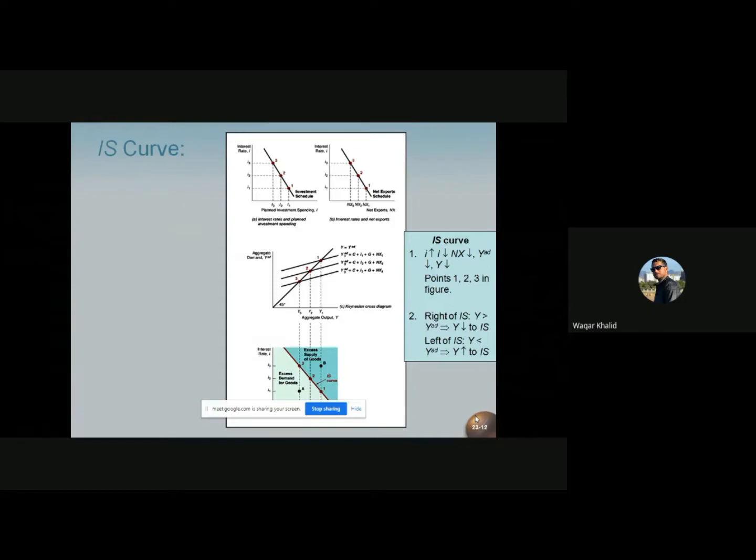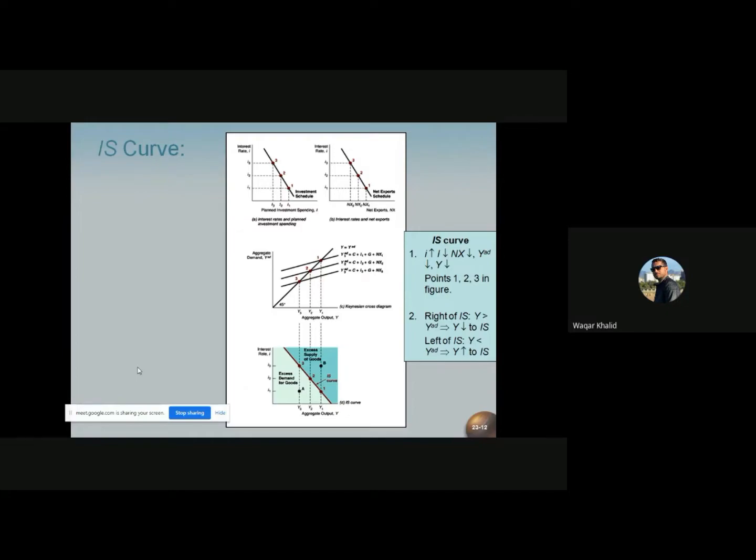On the basis of changes in interest rates and their effects on planned investment expenditures and net exports, we are interested to know how the aggregate level of output is determined, how it is changed, and on the basis of this change, how we can derive the IS curve.